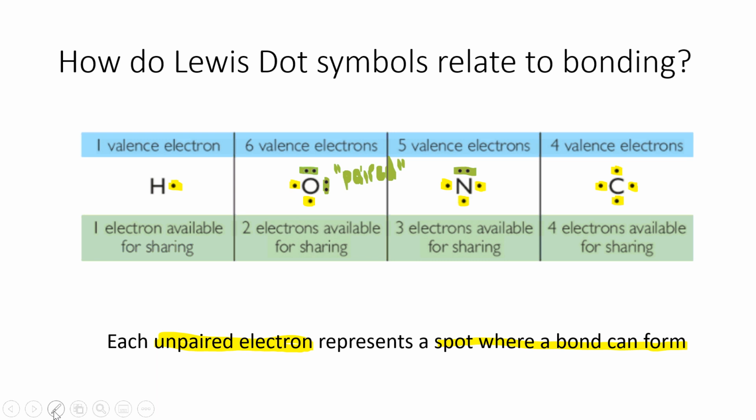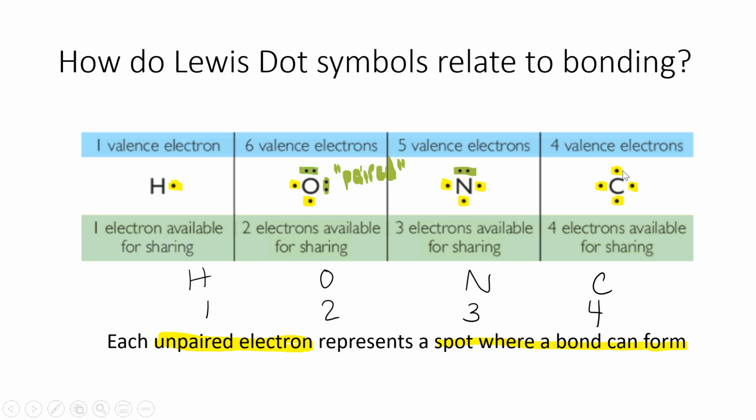So you might remember the pattern we talked about earlier, that pattern HONC 1, 2, 3, 4? That was that bonding pattern we noticed. Carbon tends to form 4 bonds, nitrogen forms 3, oxygen forms 2. If we look at these Lewis dot symbols, you will notice that the number of unpaired electrons is the same as how many bonds it will form.